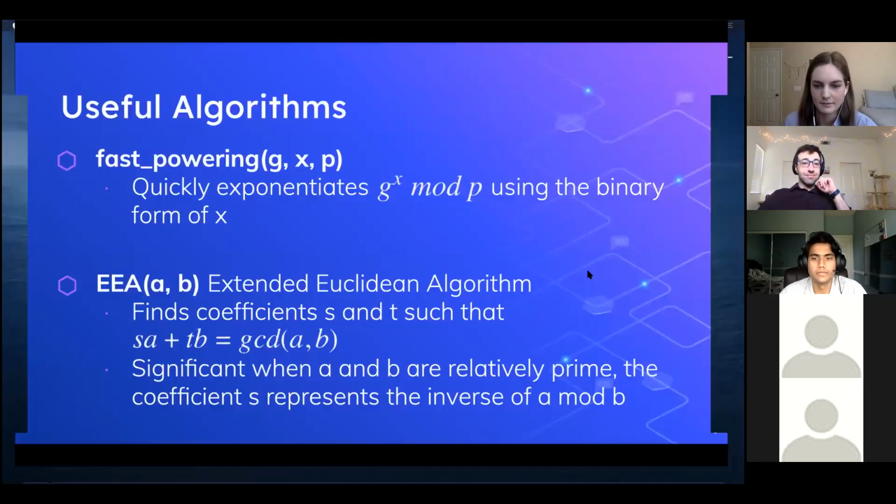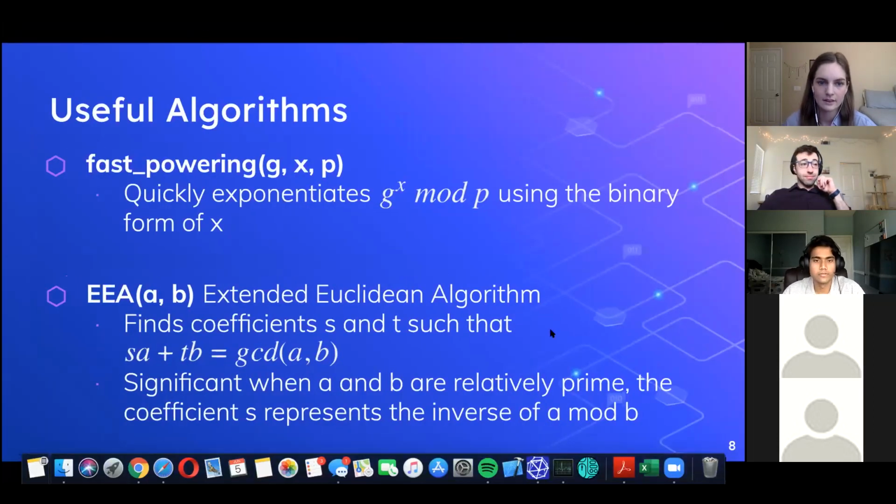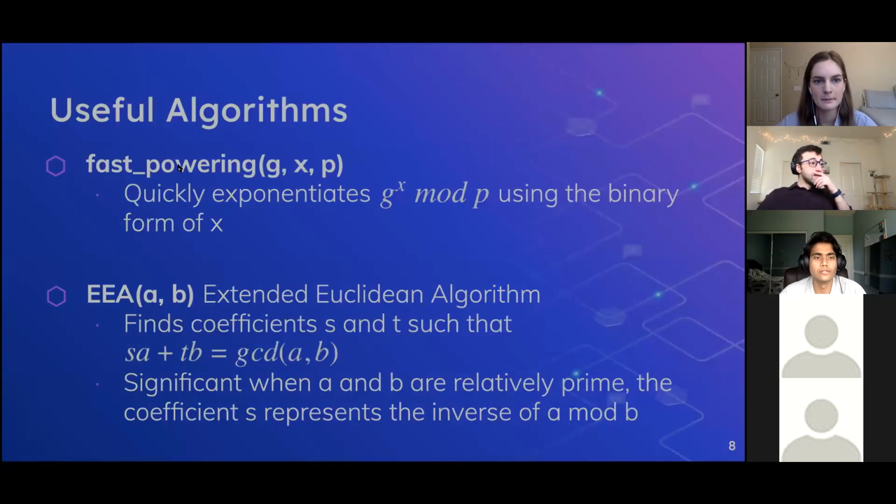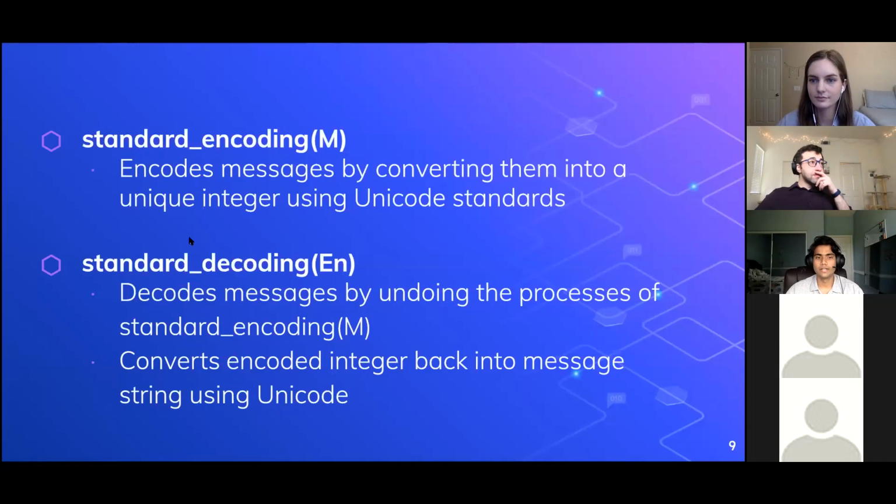All right, then we have a couple more useful algorithms: standard encoding and standard decoding. Standard encoding takes a string M and converts the whole string into a unique integer using Unicode standards.